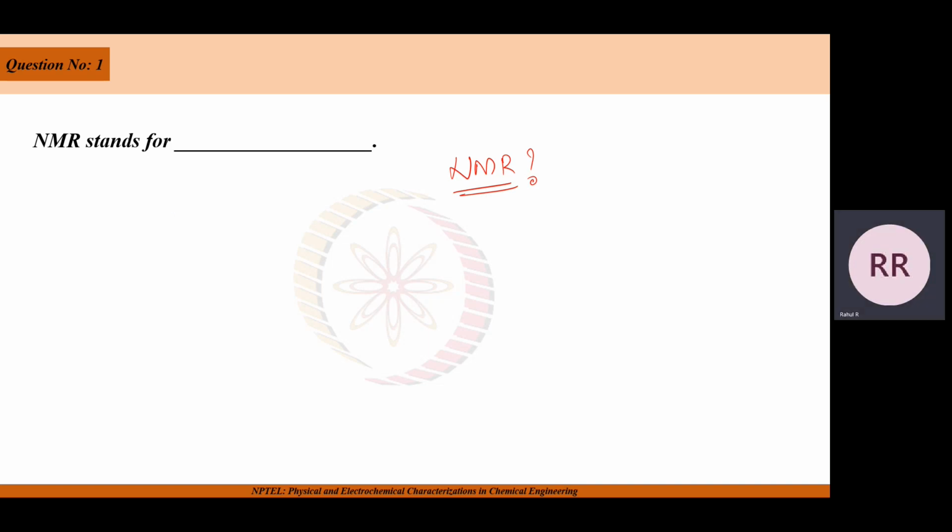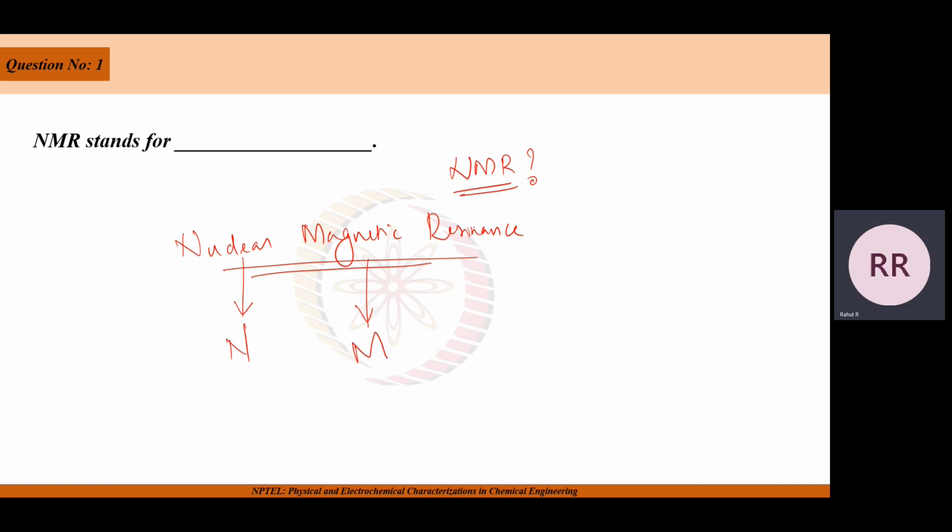I hope you were able to figure out the answer. This is a very easy question. The answer is nuclear magnetic resonance. NMR stands for N for nuclear, M for magnetic, and R for resonance.